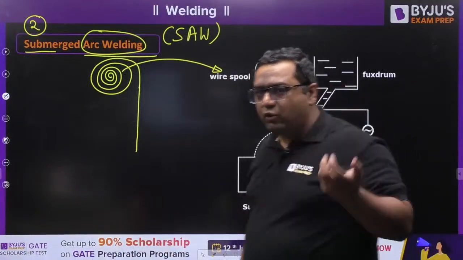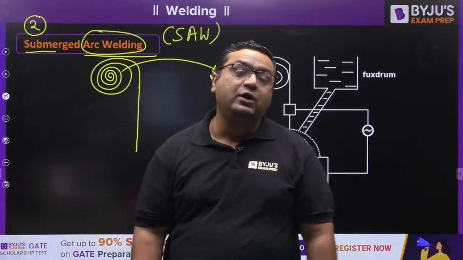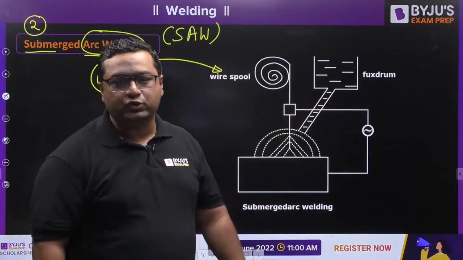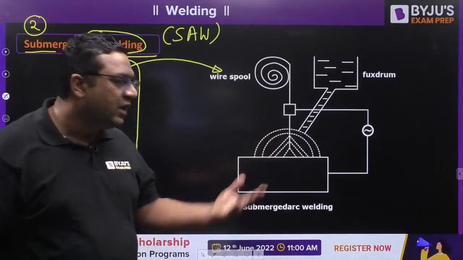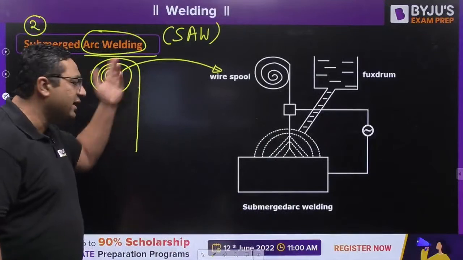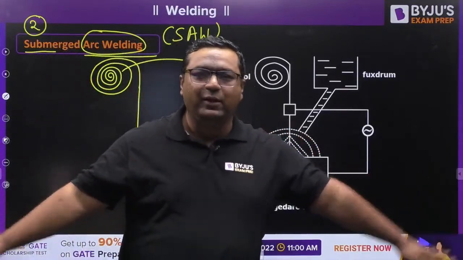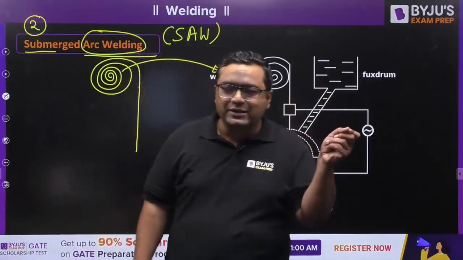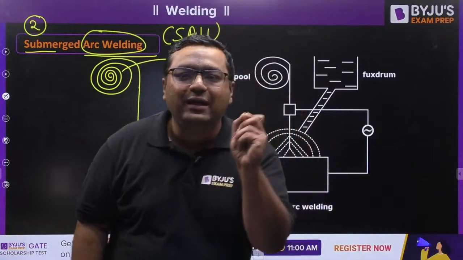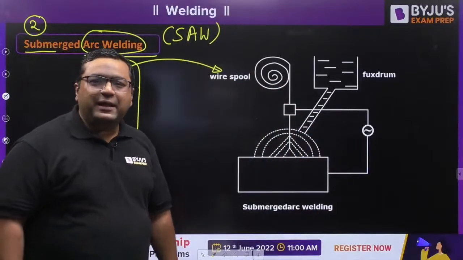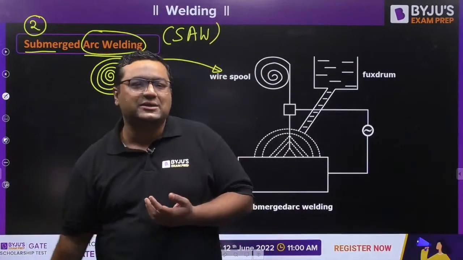That's why, when we are using the submerged arc welding process, we are not using wire with flux. We are using nude wire, and on this wire there is no flux coating available. We are not using any kind of flux coating in the submerged arc welding process. Everybody remember what kind of functions flux was doing for us?